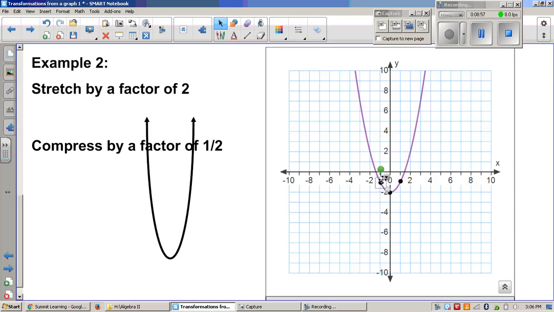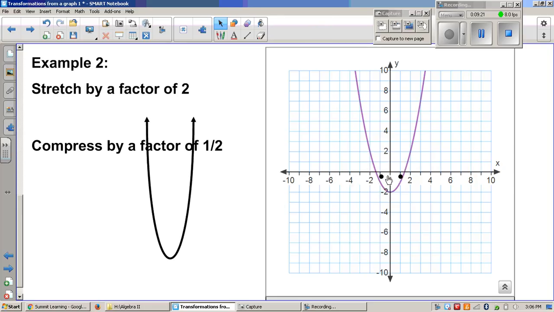Again, I'm taking the distance each point is away from the x-axis and cutting it in half, or multiplying it by 1/2. So this is 2 units away, half of that is 1, takes me there. This is 1 unit away, half of that is a half, takes me there. Same thing here on this side.